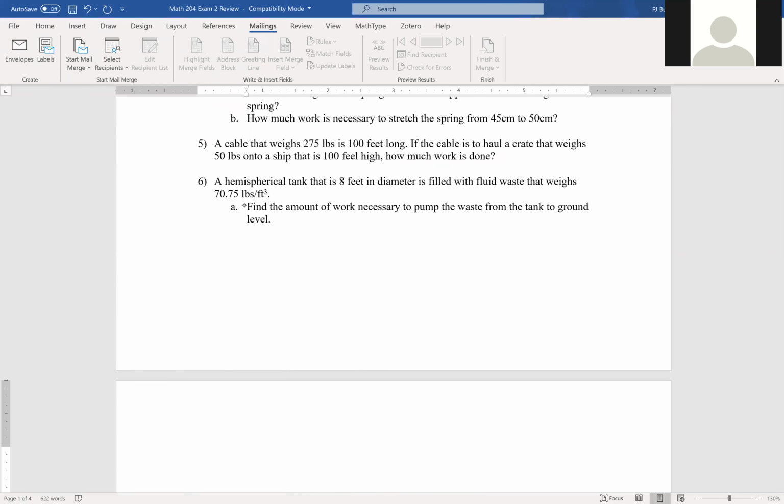Hemispherical tank. Eight feet in diameter, which means my radius is 4. My density is 70.75 pounds per feet cubed. We're going to assume that it's in ground, right? Because it says pump to ground level.